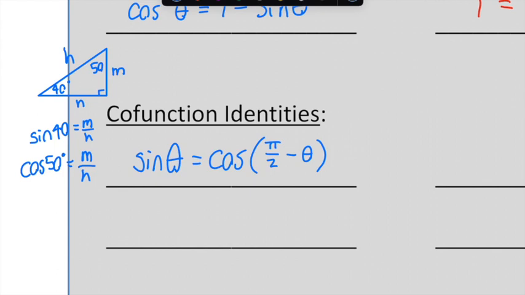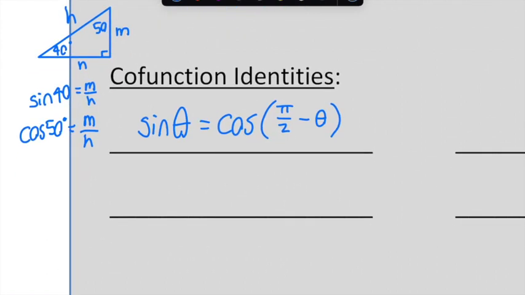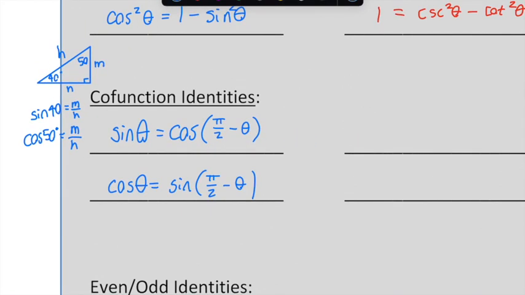That's called a co-function identity. We call it a co-function identity because it's sine and cosine right there. One's with co, one's without co. And you can do the reverse order here. You can do cosine of an angle is the same thing as sine of pi over 2 or 90 minus the angle. Most of the times I want to see pi over 2.